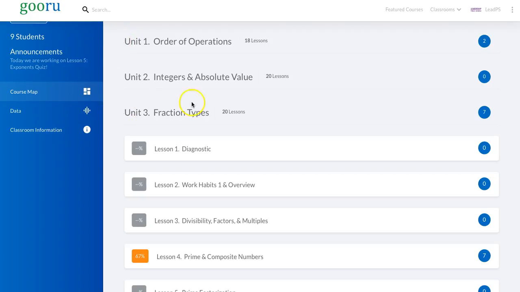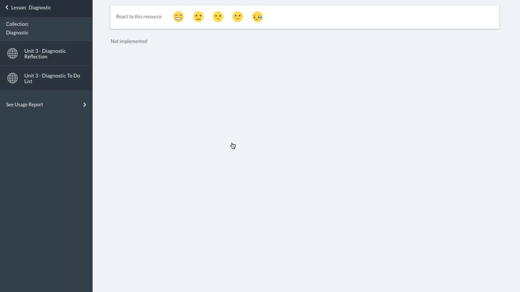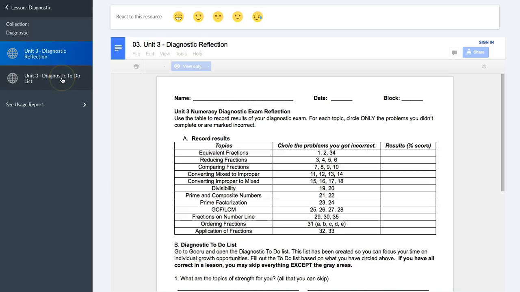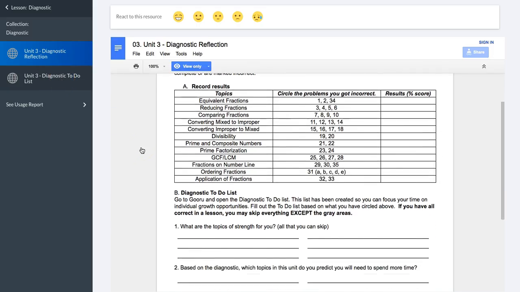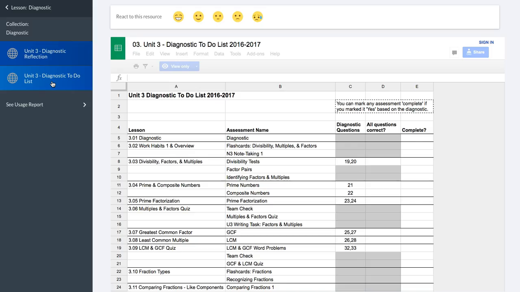Starting in Unit 3, the diagnostic has students take their results and, after performing a reflection to analyze those results, move on to process the data additionally to determine their own individual pathway through the unit.